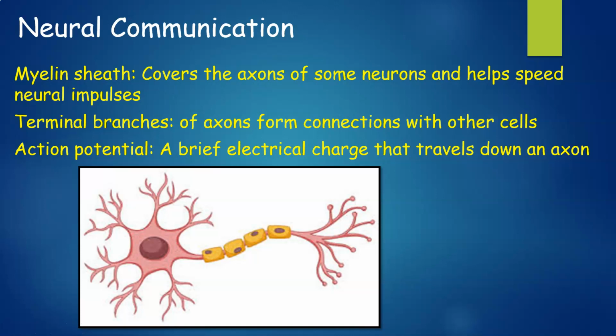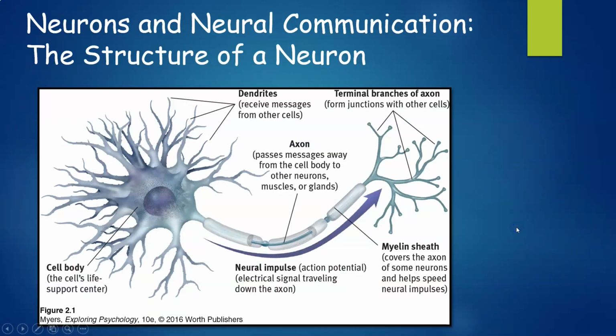So there we have neural communication, and here we have a summary of the structure of a neuron. To sum up, there are the dendrites receiving information, the cell body, the cell's life support center, and then it sends information through the axon.